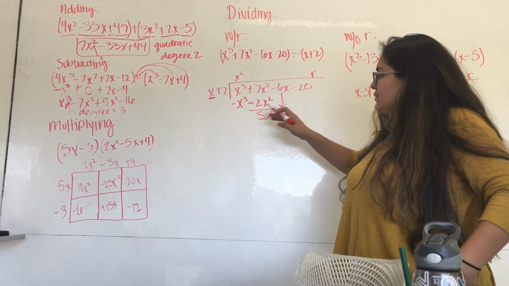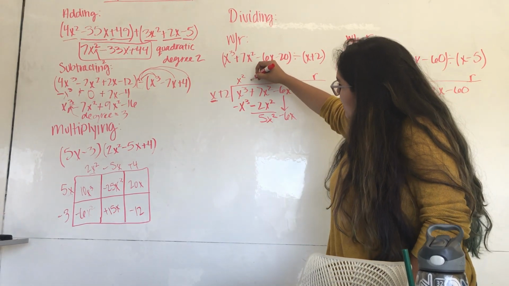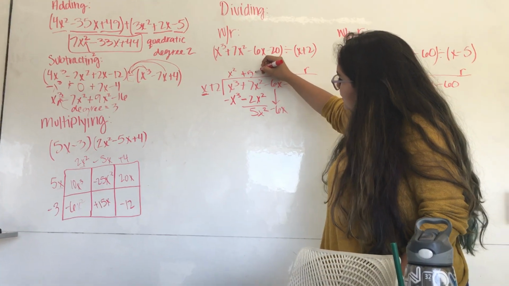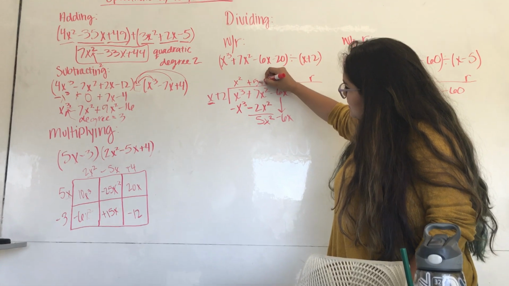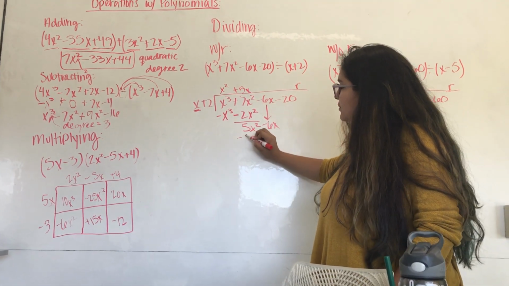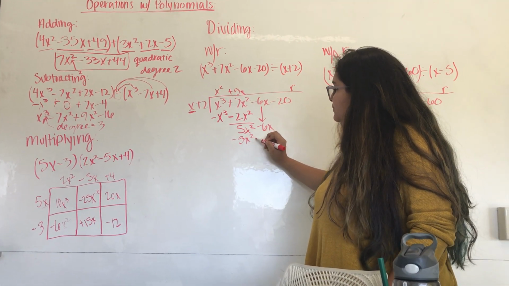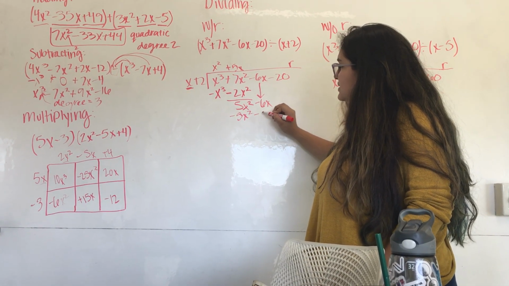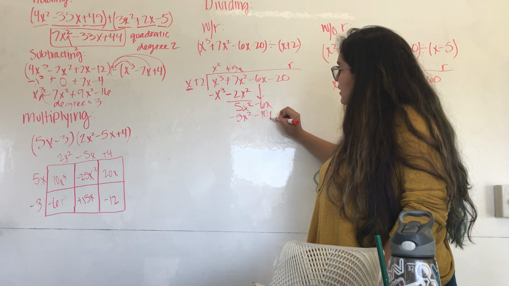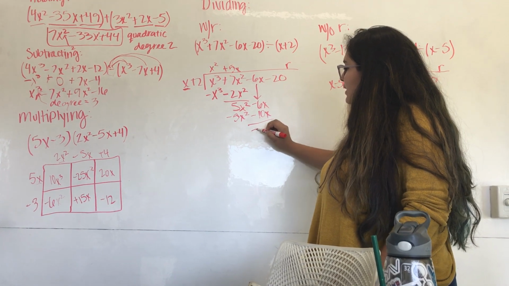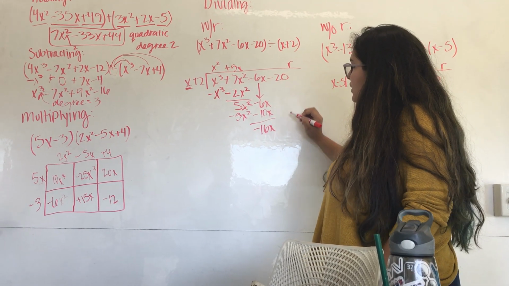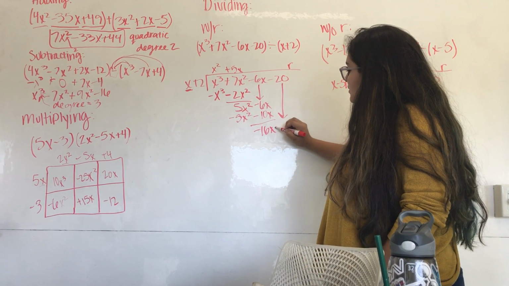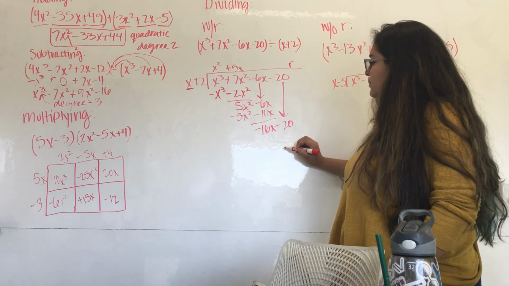In order to get 5x squared with our x, we're going to do plus 5x. And then we're going to subtract 5x squared, and we're going to subtract 10x. So now we get negative 16x, right? And we're going to pull this down, and we got our negative 20.